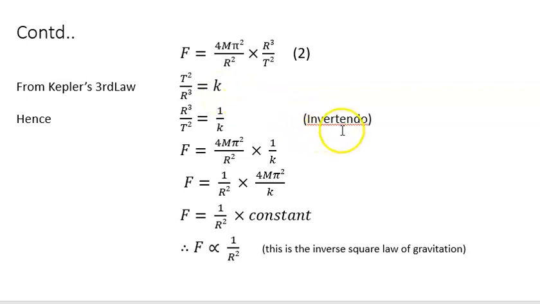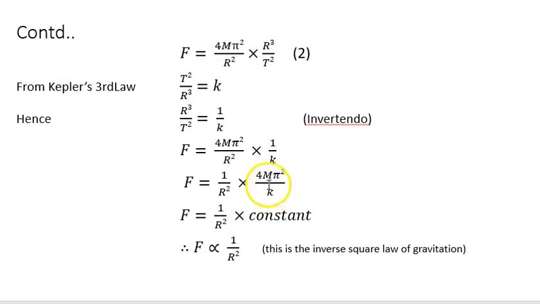Applying invertendo, r cube upon T square is equal to 1 upon k, which we substitute in equation 2. So, F is equal to 4 m pi square upon r square into 1 upon k. On rearranging, F is equal to 1 upon r square into 4 m pi square upon k.